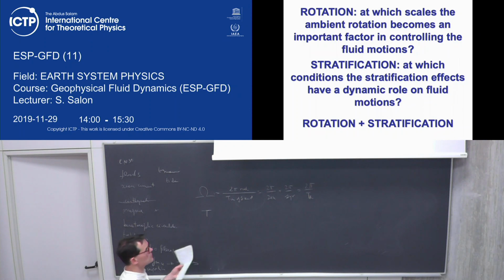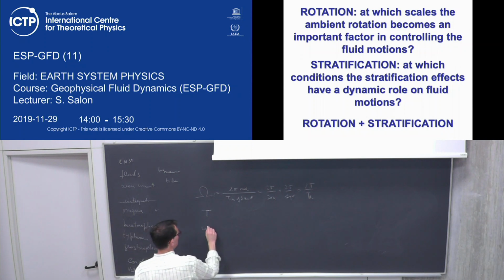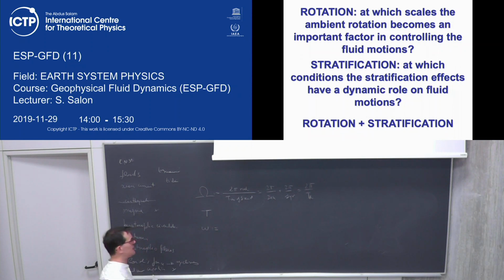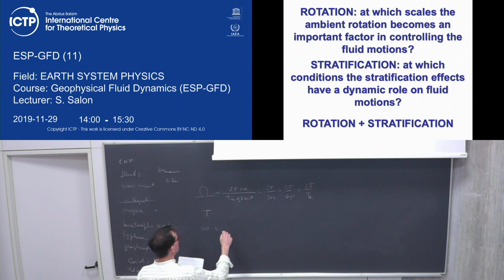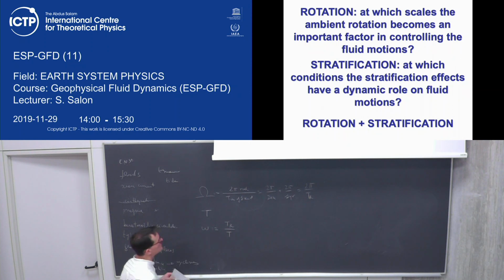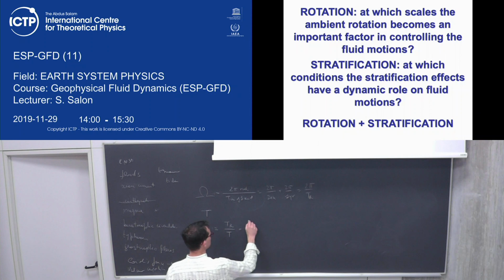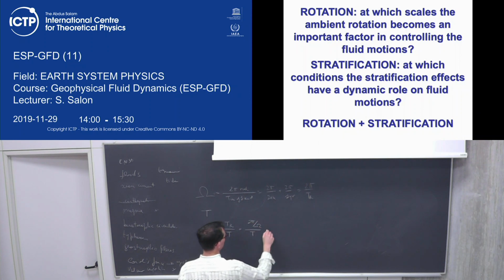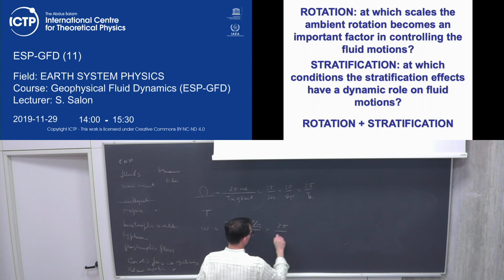Now we have to compare the two, and we can define a small Greek letter omega, which is the ratio between T_r and T. We can also write it as 2 pi over omega T.